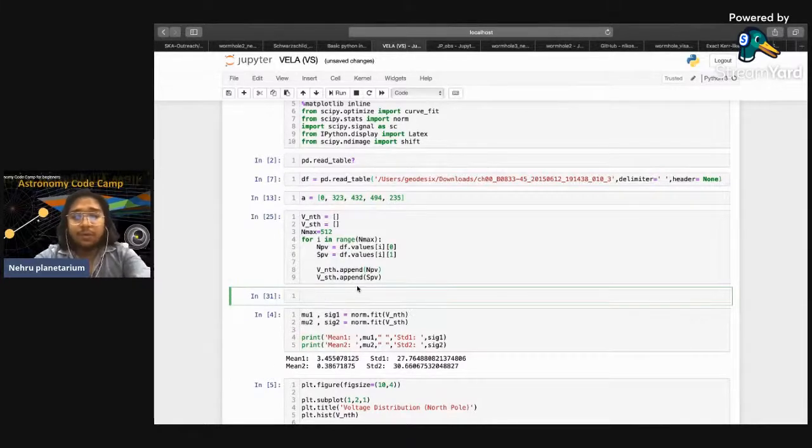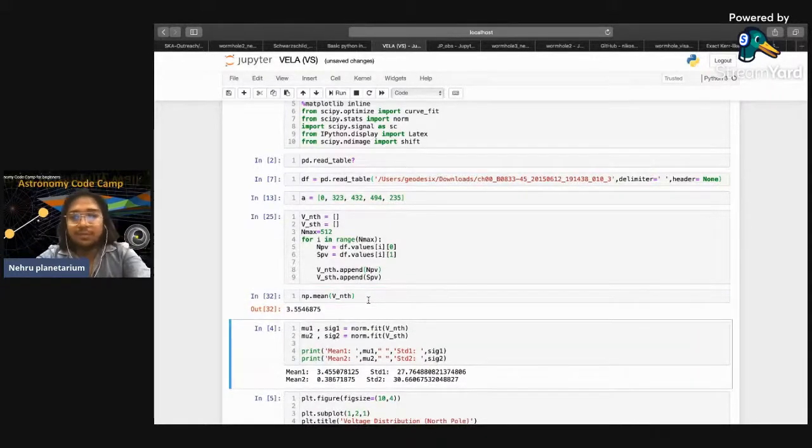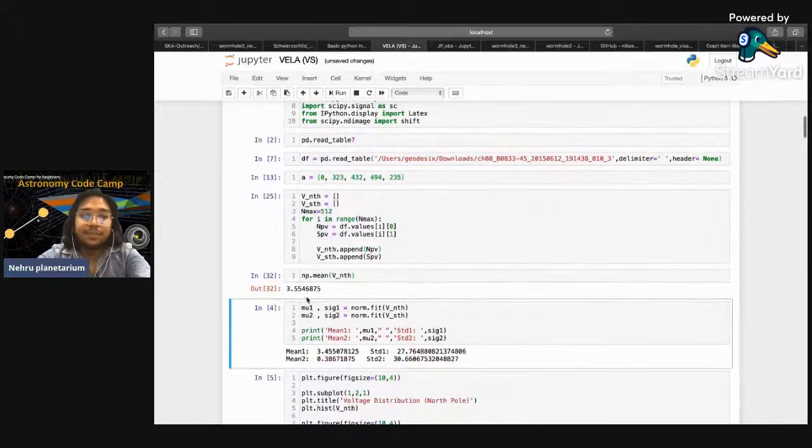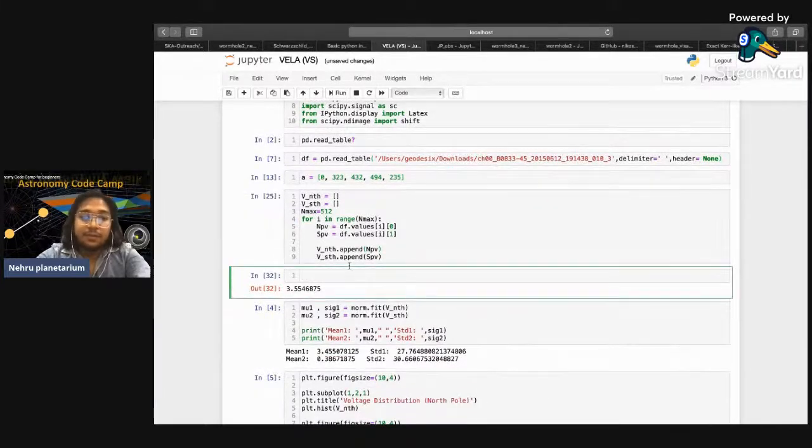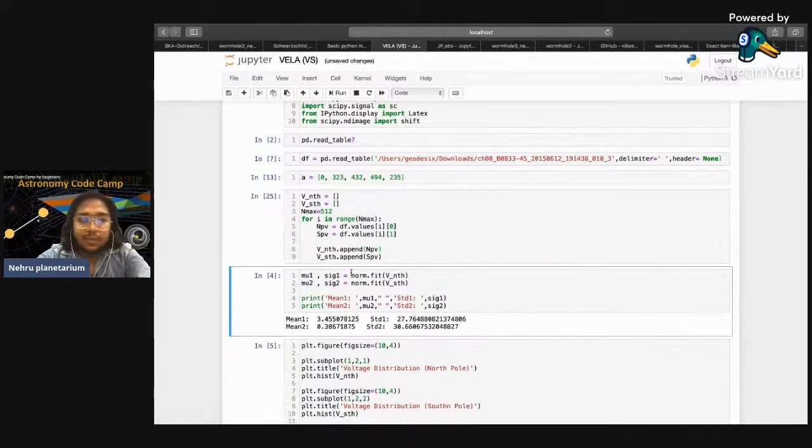Even if you do not use norm, you can also use the mean function of numpy, and it will give you the same or a very similar answer, which is around 3.55. Here norm.fit returns two values, the mean and standard deviation.